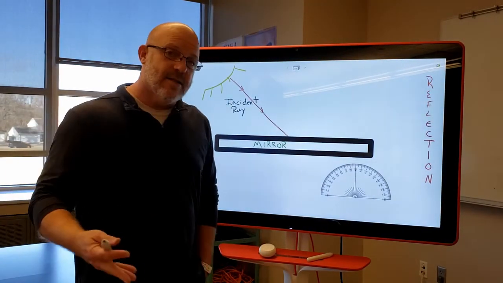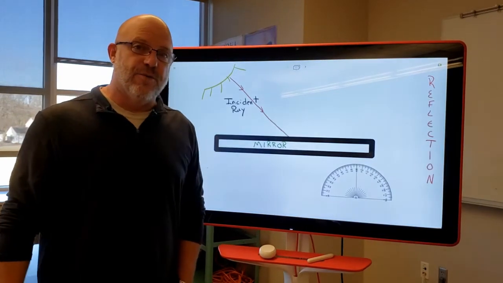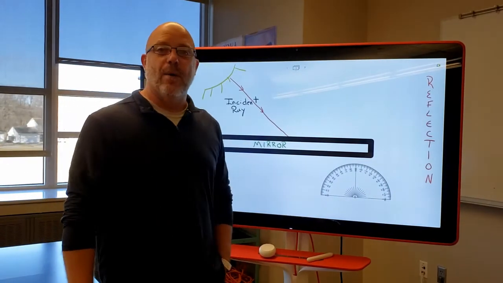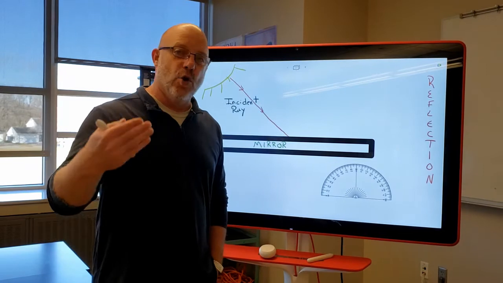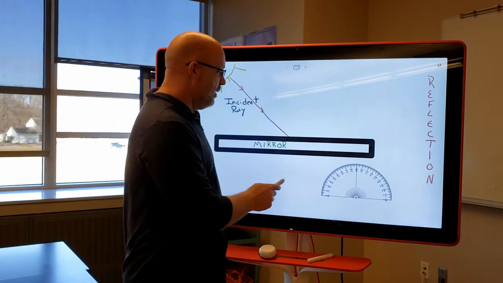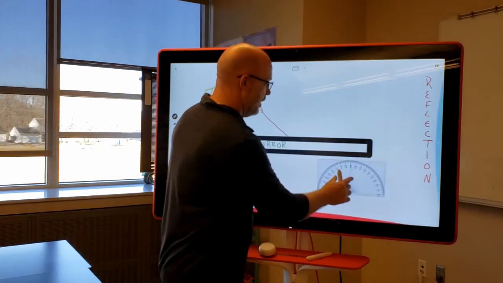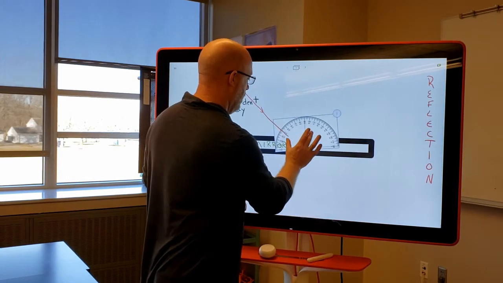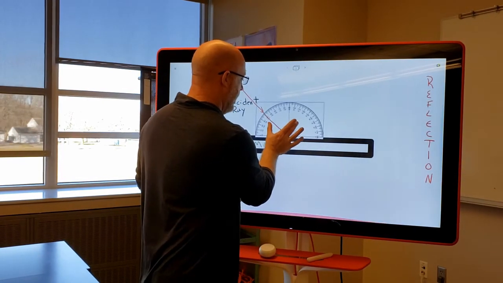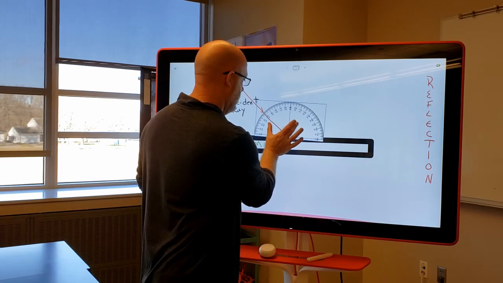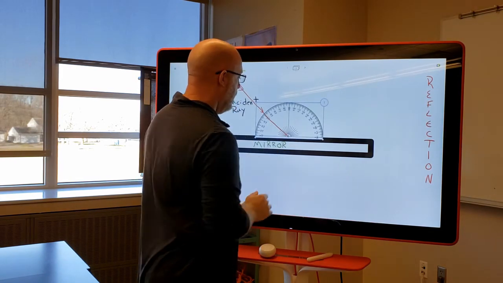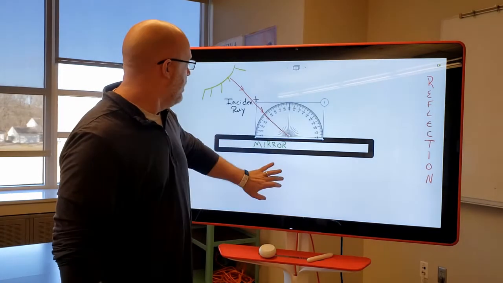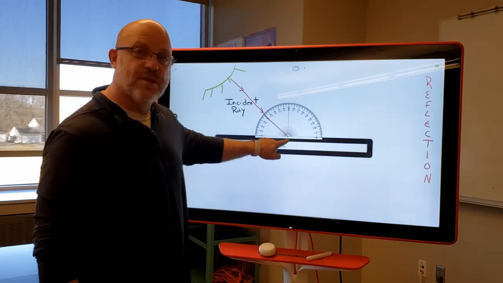Well, yes. But the first thing we need to do to figure it out is your second vocab word, and that's called a normal. A normal is a line that is straight up from where the ray touches the mirror.